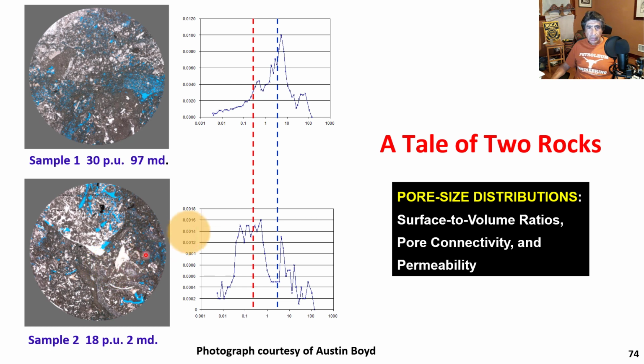a big discrepancy. And when we look at the corresponding throat size distributions obtained from mercury intrusion capillary pressure measurements, we find, of course, that for the rock that has the largest throat sizes, we have a trimodal distribution where we have the micropores, the mesopores, and the macropores.